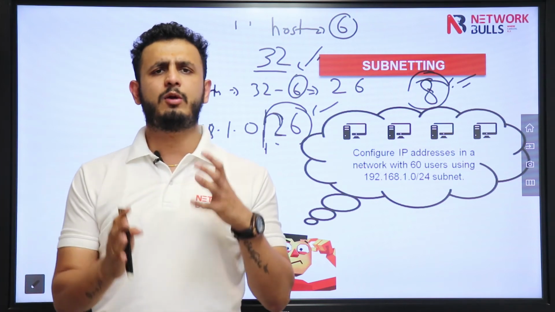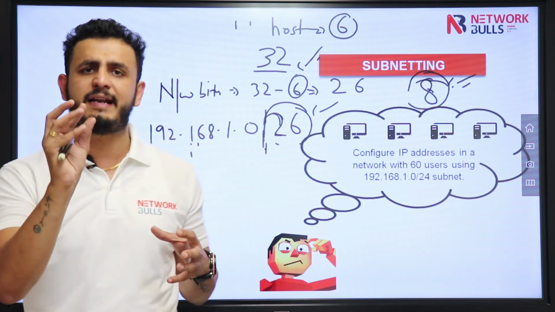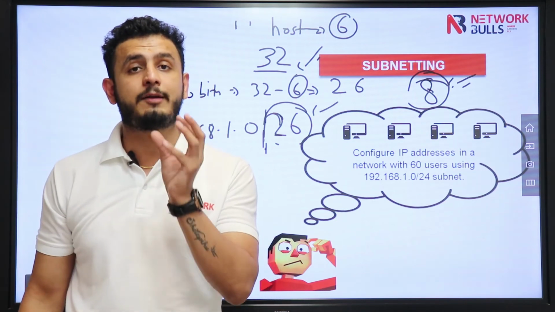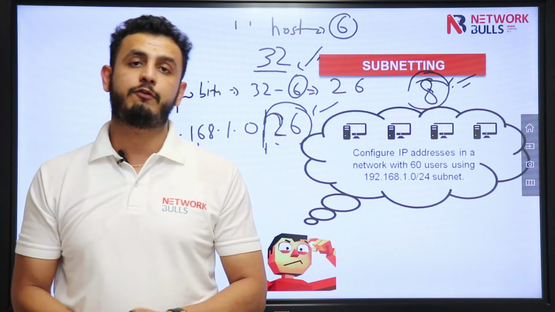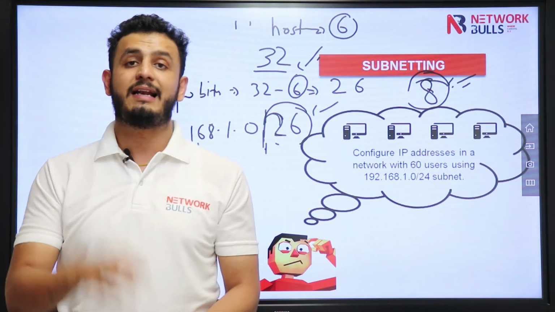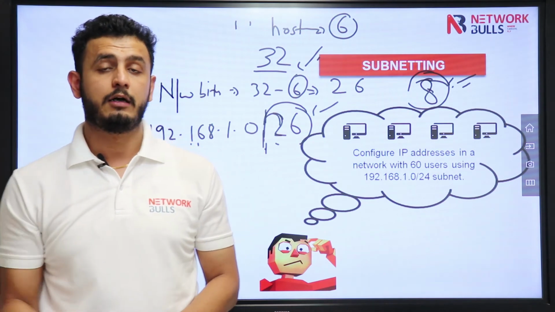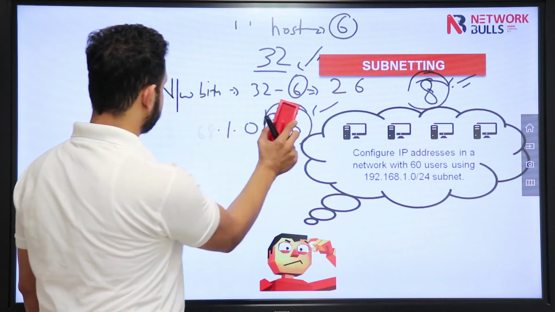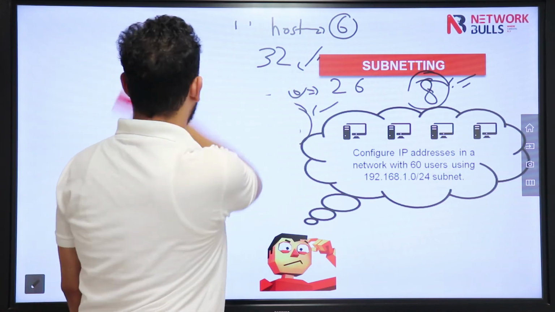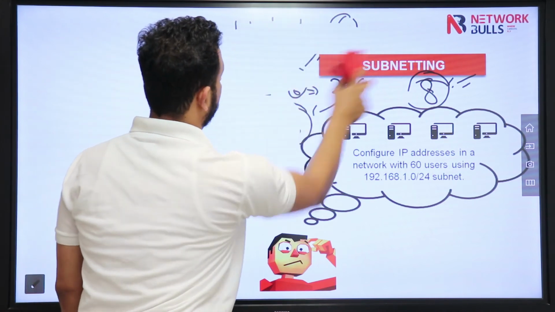Okay, let me give you an easy explanation of this. If you want more hosts, more host bits should be there. If you want fewer hosts, fewer host bits should be there. So this is what we are doing here. I am just making fewer host bits.